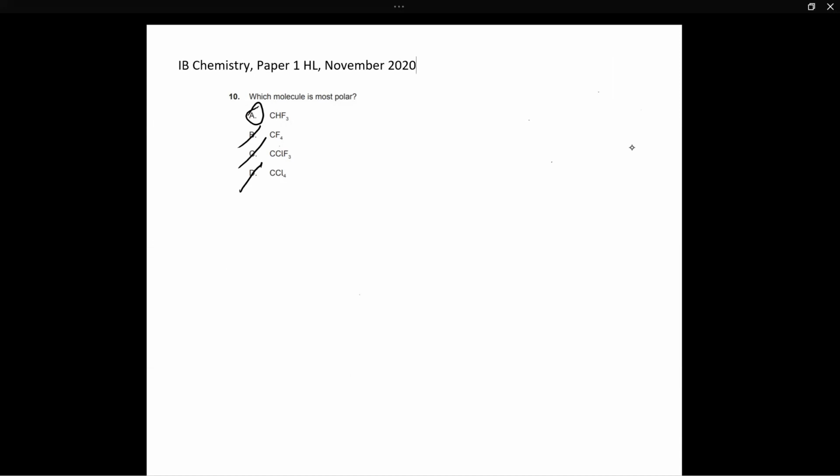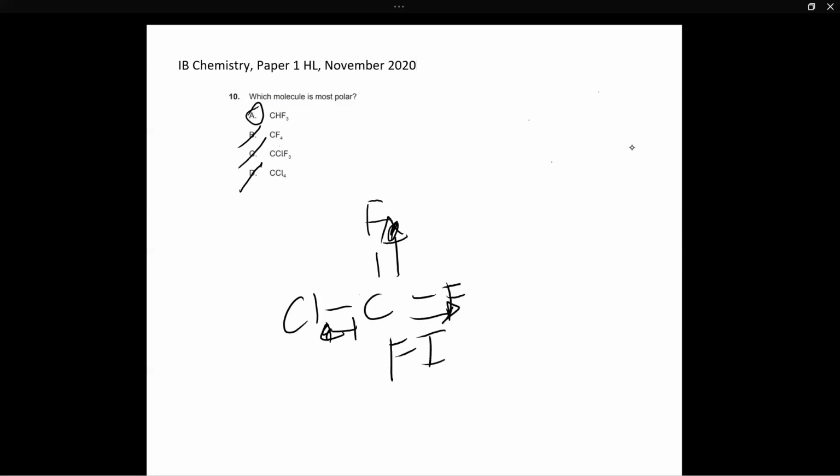Even CClF3 won't necessarily have dipole moments that cancel out in this case, because chlorine is less electronegative than fluorine. So the dipole moments won't cancel out, even though there is a dipole moment towards chlorine here. The fluorines still have dipole moments towards them and they are more electronegative. So this shouldn't cancel out, right?